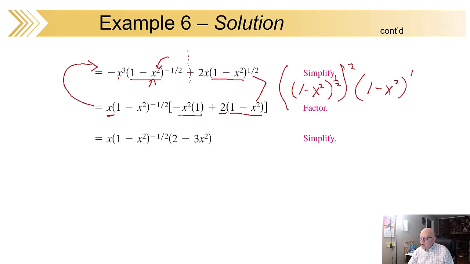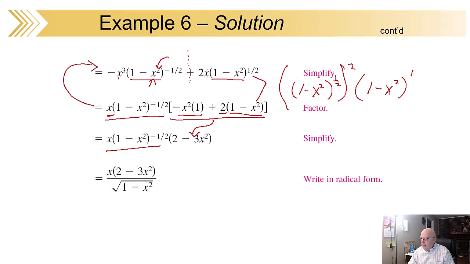Once you get there, though, you should be able to get this. This is just a rewrite from here to here. And this from here to here. You're just simplifying to get the 2 minus 3x squared. I do expect you to be able to do that. And there's your final form.